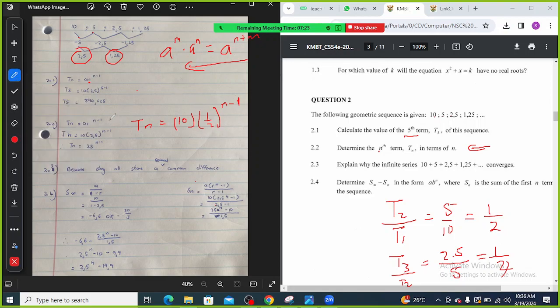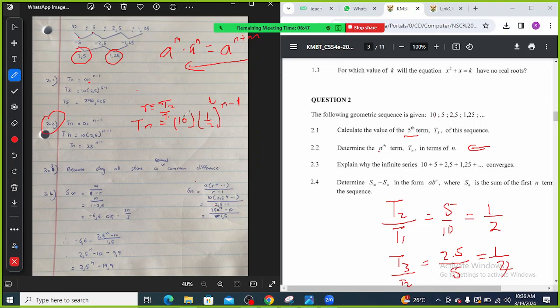You must show how you calculated R in 2.1, because there will be marks for it. So you start by saying R is equal to T2 divided by T1, then you get your R, put it in, and have your equation. Any question? With a geometric sequence, you divide T2 by T1 instead of subtracting them. It's the ratio that is the same, not the difference.